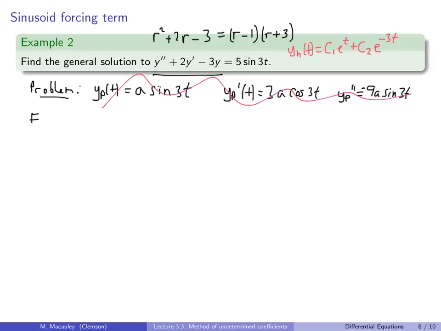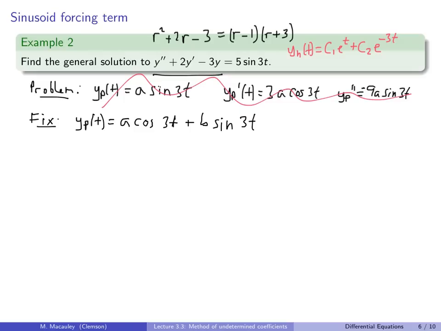So what we do instead is we assume that the solution has a slightly different form. So the fix is that we assume that the particular solution has the form a cosine of 3t plus b sine of 3t.